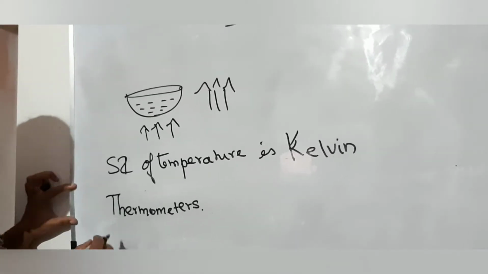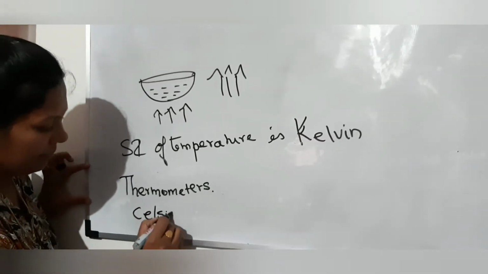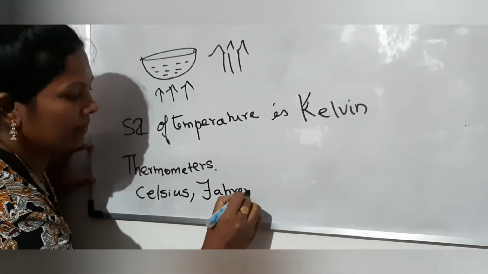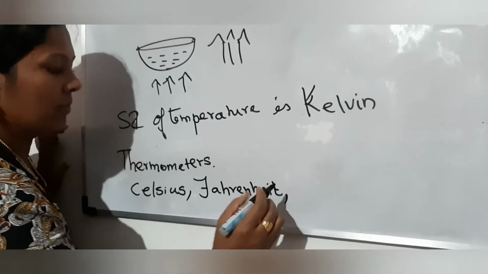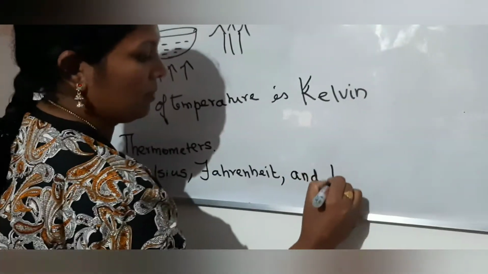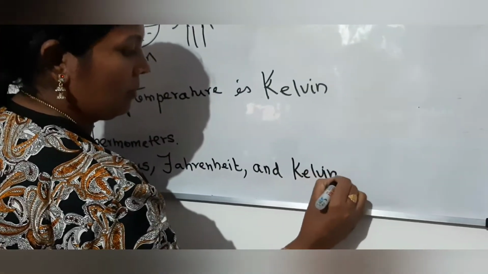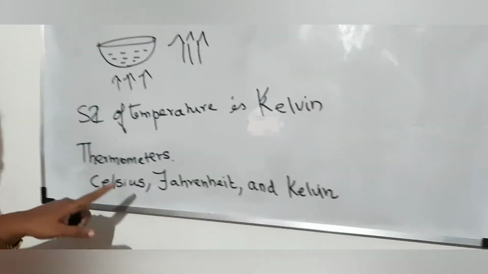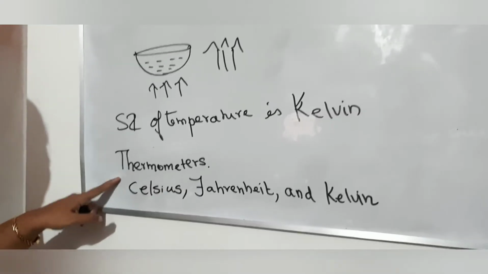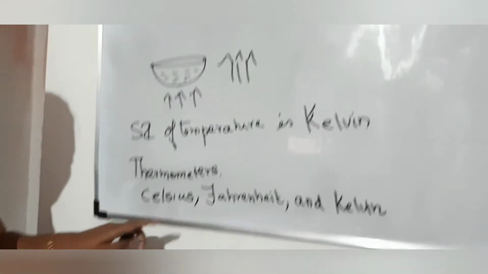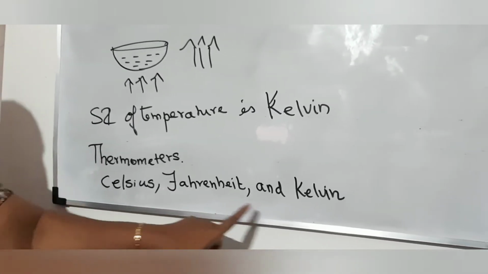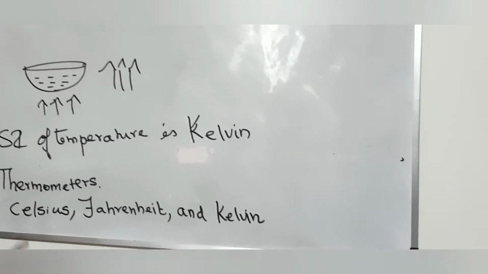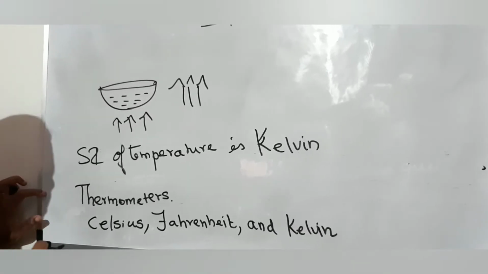Celsius, Fahrenheit and Kelvin are the different scales of measure in thermometers. These are the commonly used scales to measure temperature using thermometers.